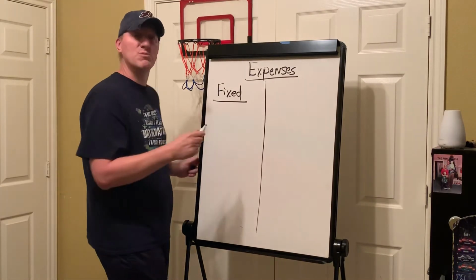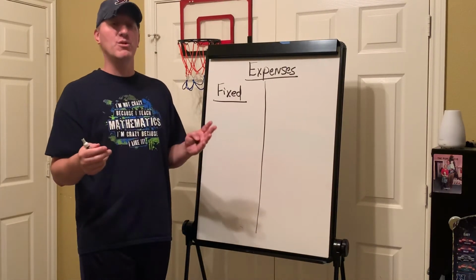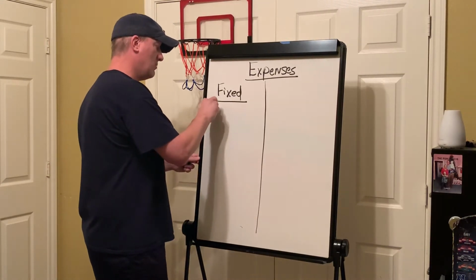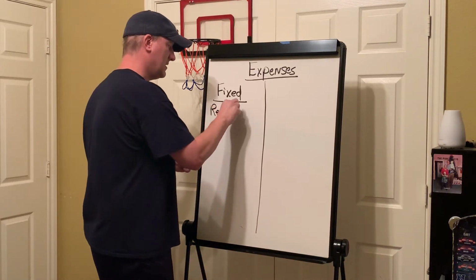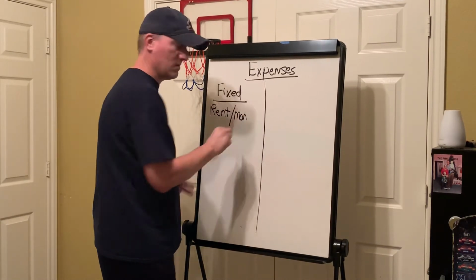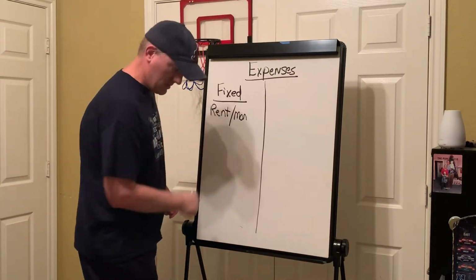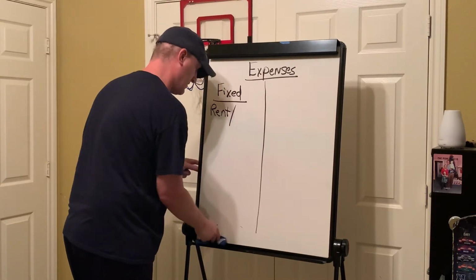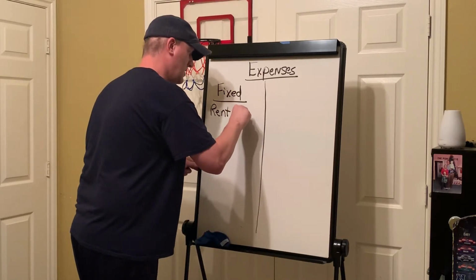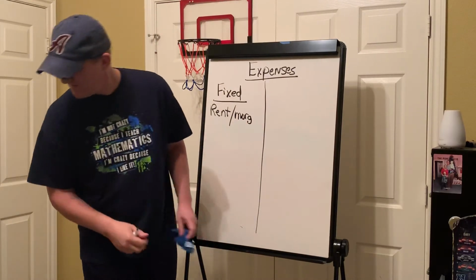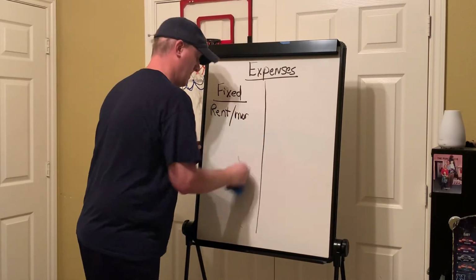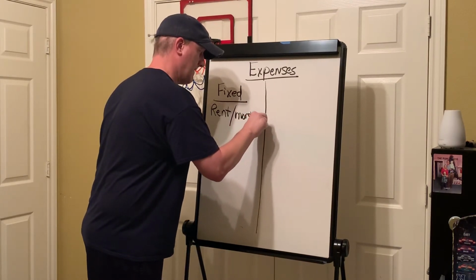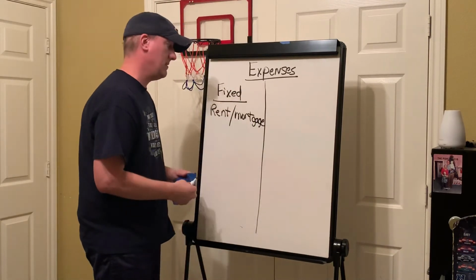Okay, so the first one and biggest one, because you don't want to be surprised on how much your rent is or your mortgage. So your rent and your mortgage.